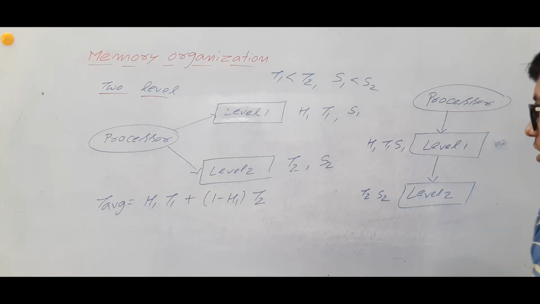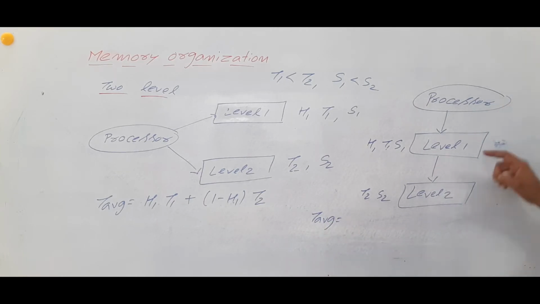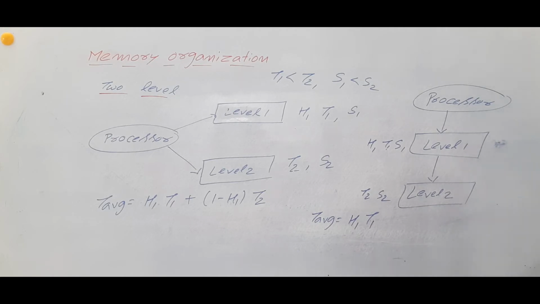If you come to this kind of organization, the average access time will be equal to, if it is available, H1 into T1. If it is not available, you need to search here, 1 minus H1 times you will search. The total time will be T1 plus T2, because you are searching in T1 and also in T2.